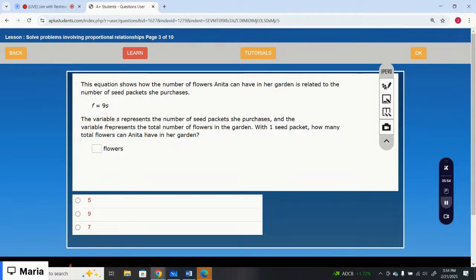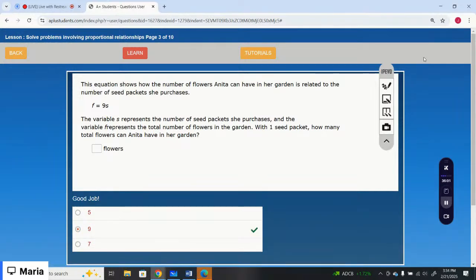That is 9 packets. Option number 2 is the correct option.